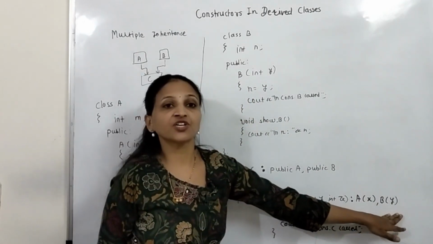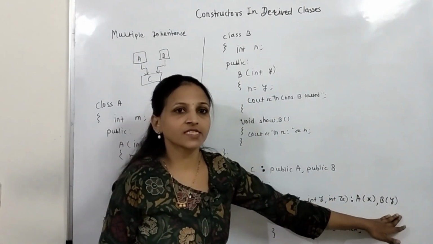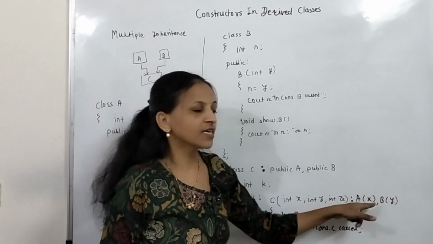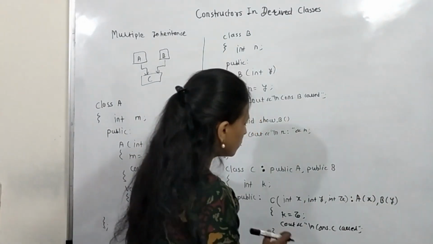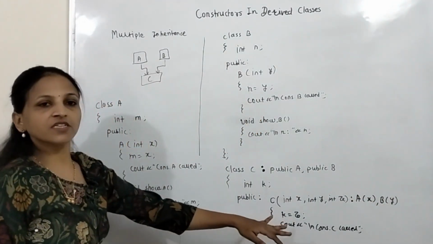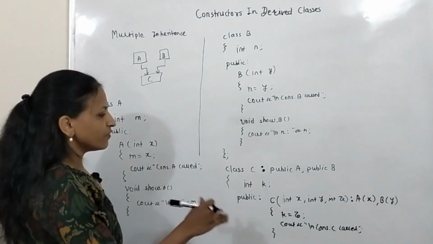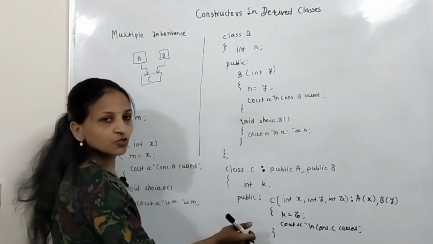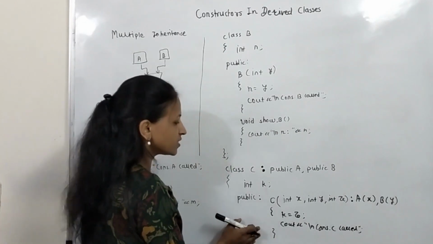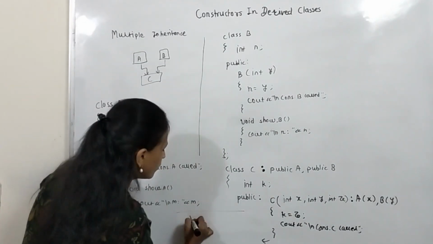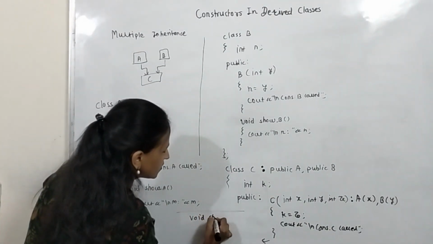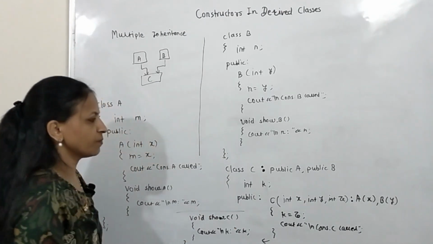See, these are just function calls, constructor calls. That's why don't write the data type here, always keep that in mind. Now k equals z and cout constructor C called. And then we will write the show C method again. Void show C. Now close the class and give a semicolon.